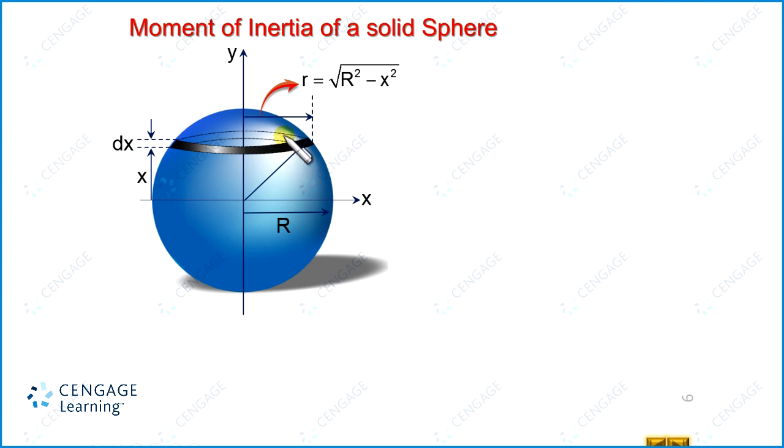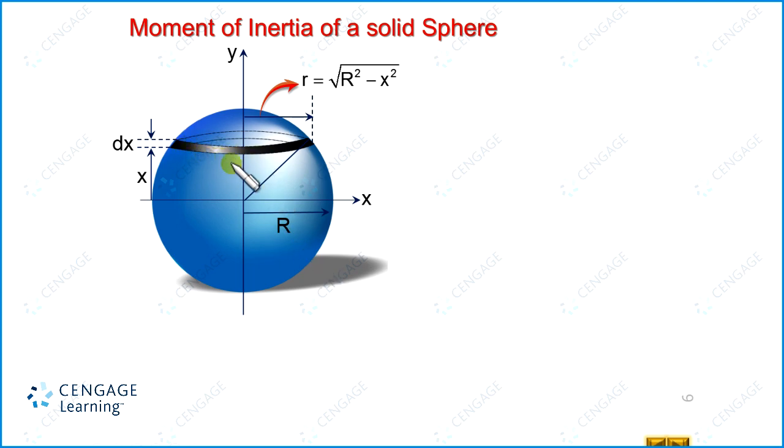Okay. Now let us calculate the mass of this elemental disc. dm equal to density, that is M divided by 4 by 3 pi R cube, multiplied by the volume of this disc. The volume of this disc can be calculated by using the volume property of the cylinder, that is area of the base multiplied by length or height, which is nothing but dx.